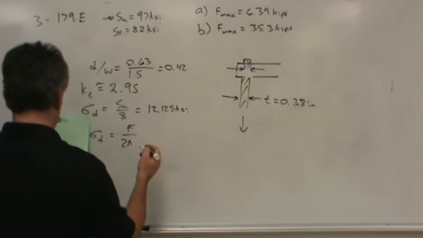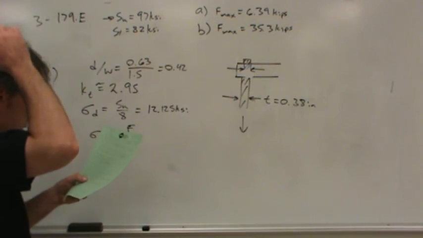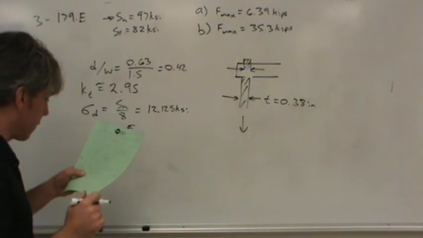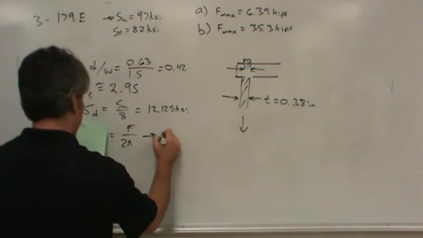And so, you know what? I don't think I incorporated the stress concentration factor in here. I've got a mistake. I'll have to fix it. I'll show you what I did, and then I'll let you think about what I should have done.